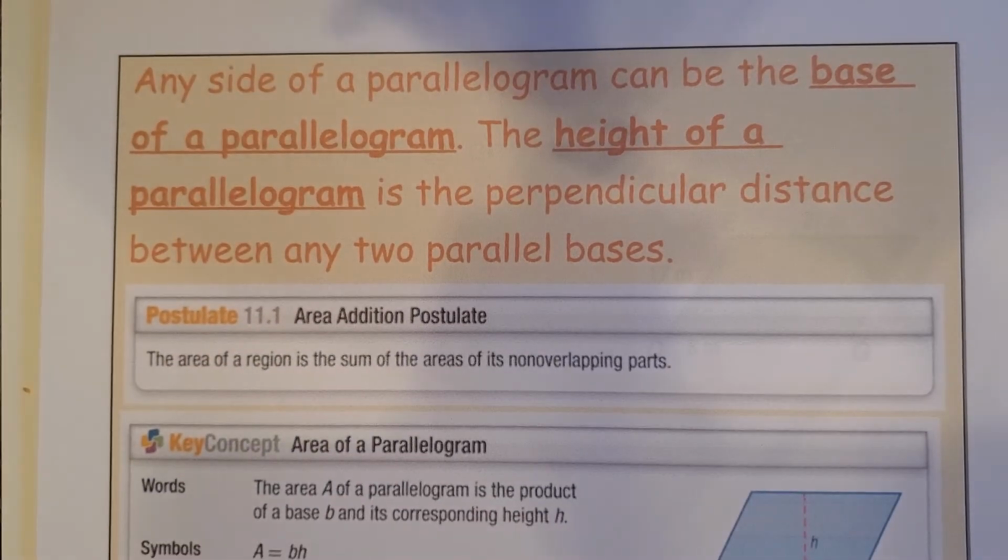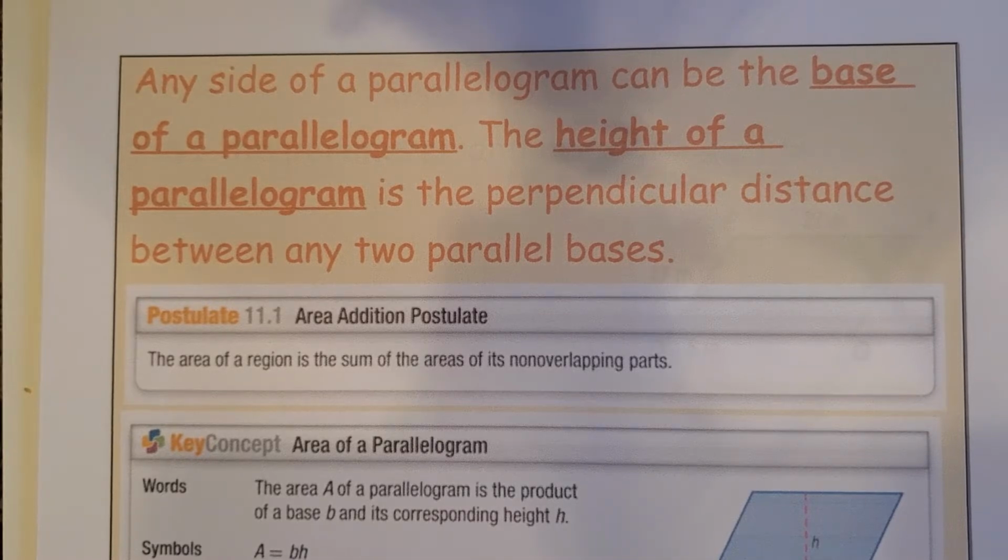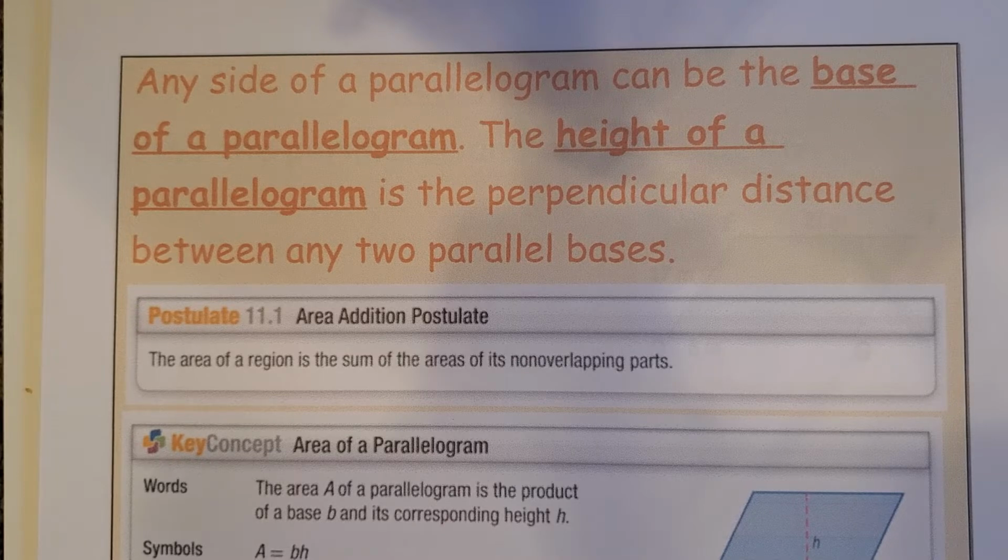As we talked about with altitudes of triangles in the last chapter, the height has to be perpendicular to the base. No matter what you're considering your base, your height has to be perpendicular to it. So depending on how your parallelogram is oriented, your base might be different, which means your height is going to be different.